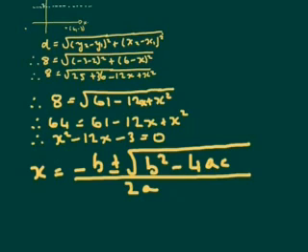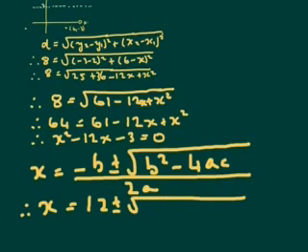Okay, so substitute away we go, and we get, therefore, x equals minus b, so minus negative 12 is 12, plus or minus the square root of b squared, that's rather conveniently 144, minus 4ac. Now let's do this as quick as we can. 4ac, so 4 times 1 is 4, times negative 3 is negative 12. So I'm minusing a negative, so I've got to add 12, like so.